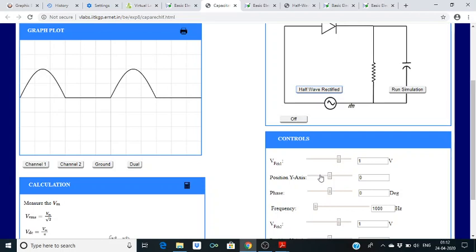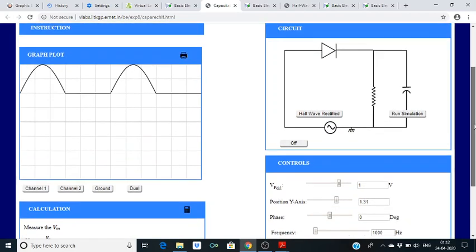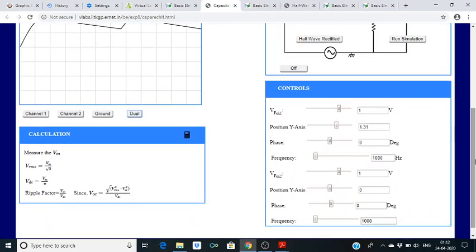For channel 1 we can move it through this in the Y direction like this. Then we will click on run simulation, so we will get the filtered output. On pressing dual you will get both the waveforms.